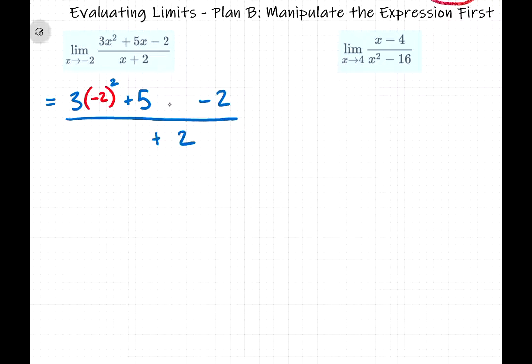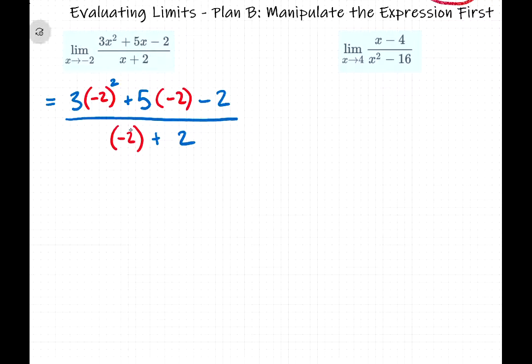So we're plugging in negative 2 anywhere you see an x. Well, immediately on the bottom you see you get a 0, and in a fraction you cannot divide by 0. So this is a situation where direct substitution fails.